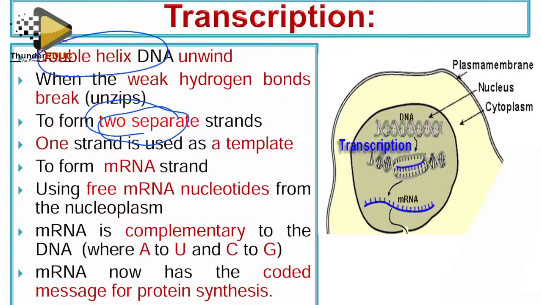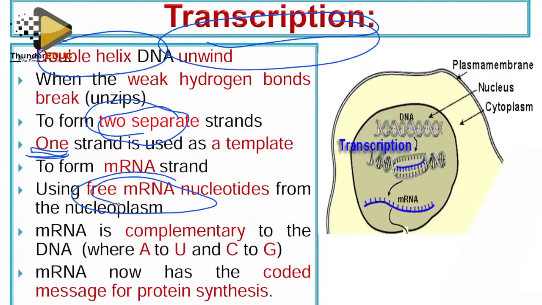Then when it is about DNA replication, we say that each strand is acting as a template. But when it is about transcription, you say one strand is acting as a template using free-floating DNA nucleotides if you're talking about DNA replication. But if you're talking about transcription, you are forming a messenger RNA, therefore we use free messenger RNA nucleotides from the nucleoplasm. Is it clear?